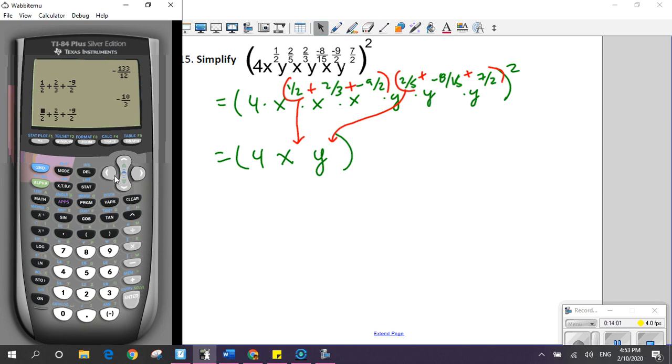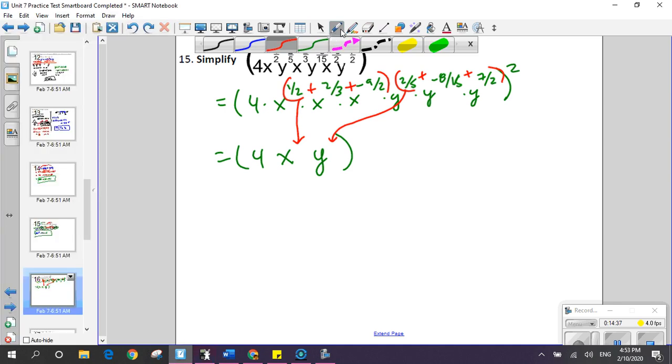The first one is 2/5. The second one is negative 8/15. And the third one is 7/2. All right. So for y, it's 101/30. Yuck, yuck, and yuck. But whatever. So again, negative 10/3 and 101/30.